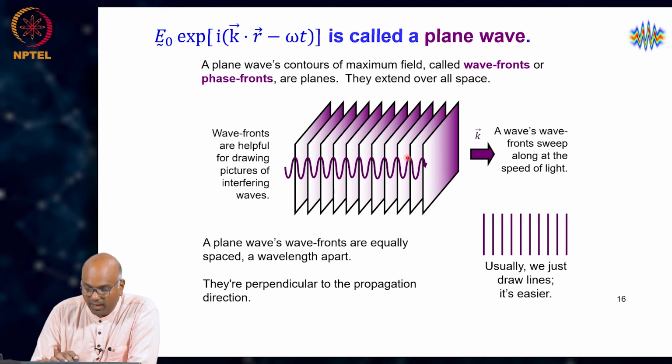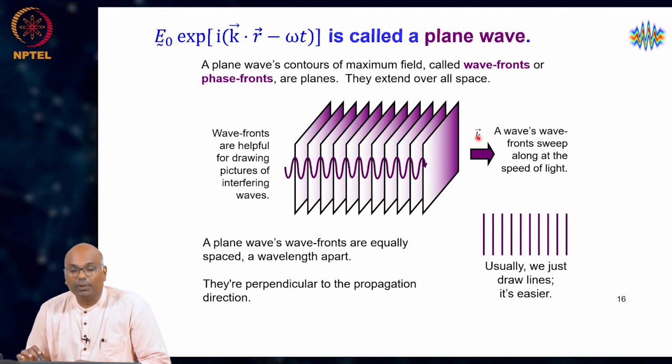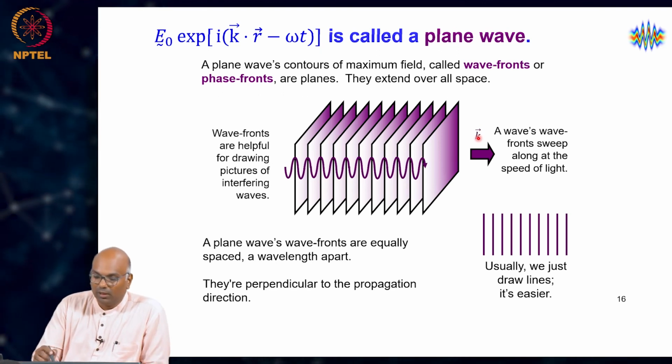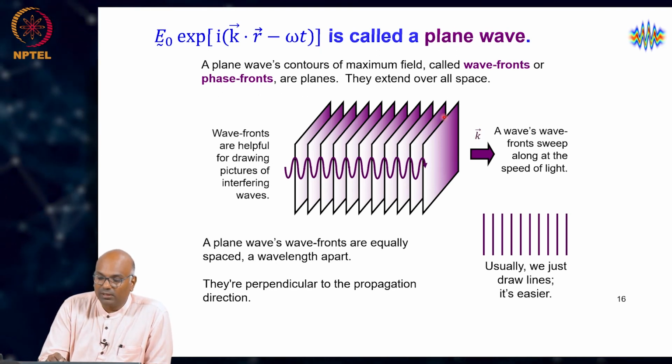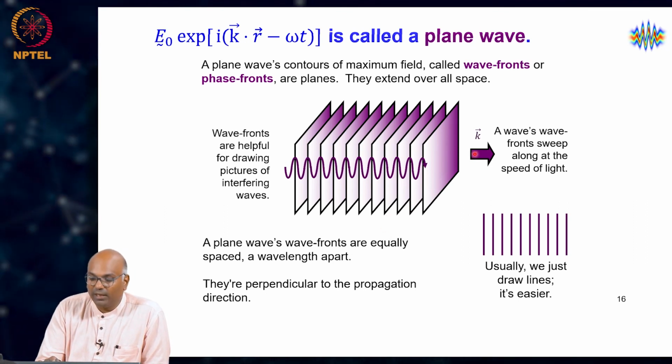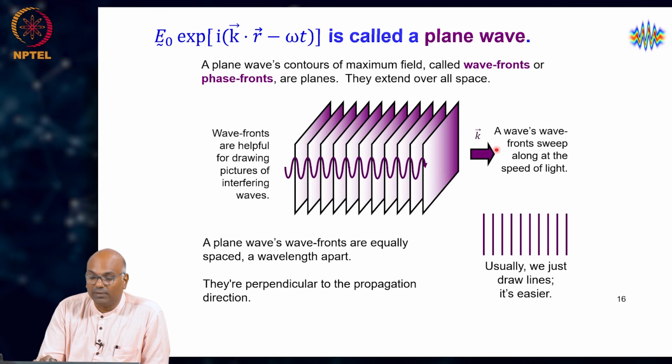Okay. And now, this propagation vector k has a very nice physical interpretation. You can imagine this phase front, which is like a sheet of paper essentially, propagating along in a direction that is given by k.